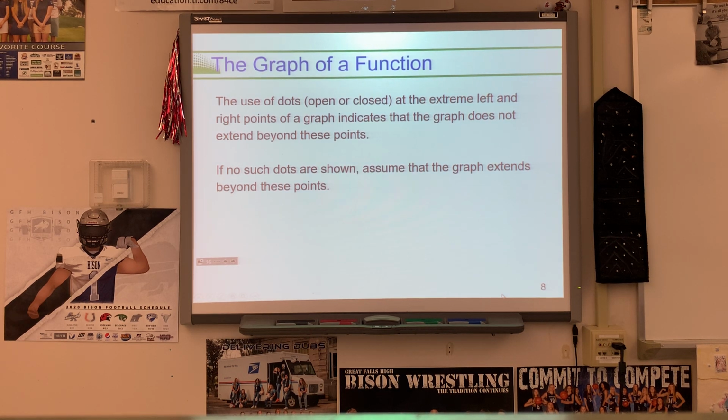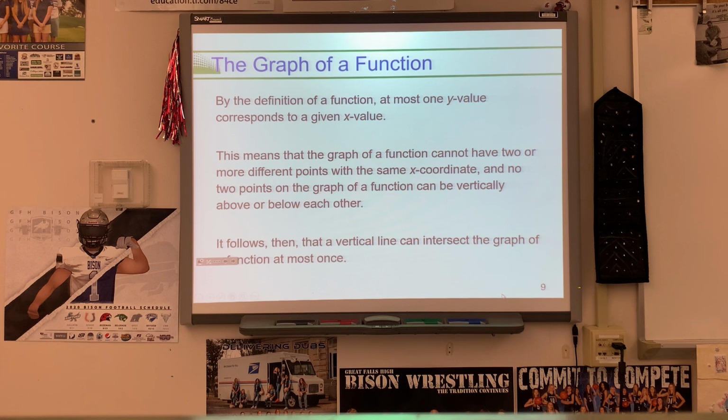I don't believe our book has the habit of putting arrows on the end, something that you or I might do on a paper to denote that the graph of the function continues. So be watching for that. And it does say here, if no such dots are shown, assume, so they're telling us it's safe to assume here that the graph extends beyond those points. Again, provided the hypothesis of that conditional statement is that no dots are shown.